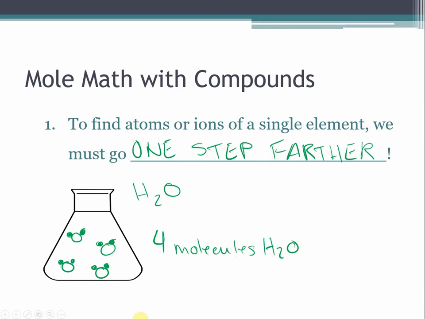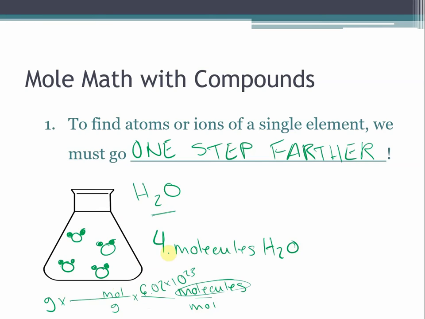But maybe you've been working a problem where you started with a number of grams and you had to convert those grams to moles by putting grams on the bottom and moles on top. And then you multiplied again and put moles on the bottom and put molecules on top. We're talking about water, and this is where you would use your 6.02 times 10 to the 23rd with molecules, because we're talking about water.